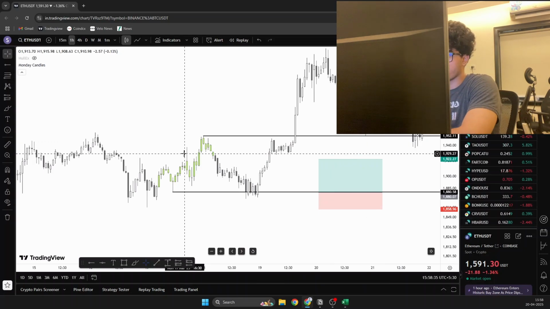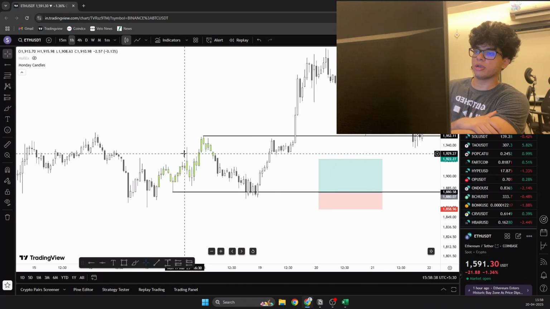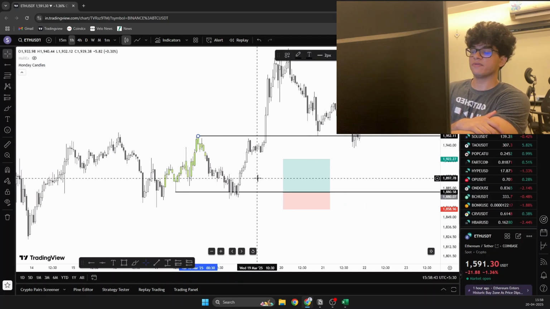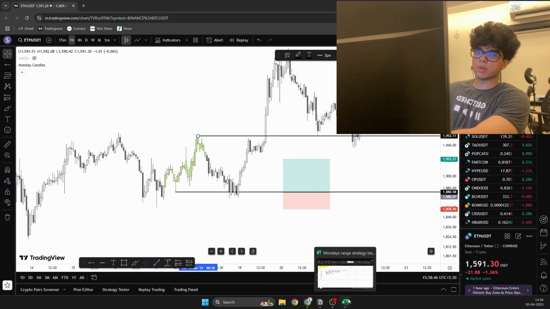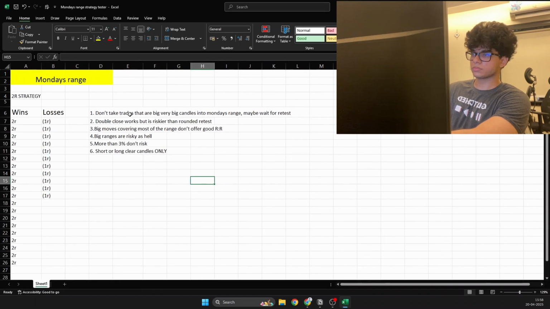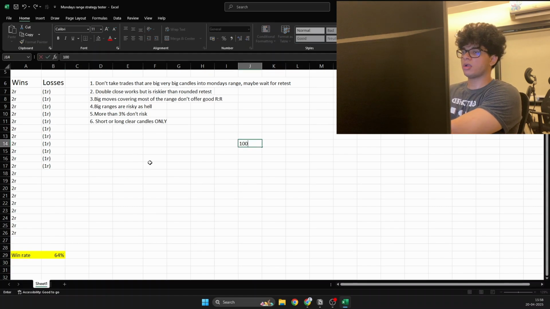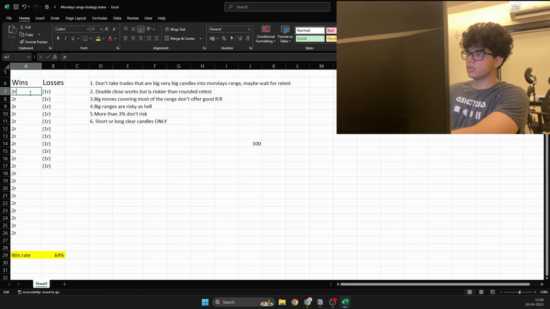So anyway, I backtested this on the ETH chart, all the Monday's ranges, all the deviations and stuff. These were the number of wins I came up with, and these are the number of losses. Let's say I have 100 rupees, then how many times do I win? 1, 2, 3, up to 19.